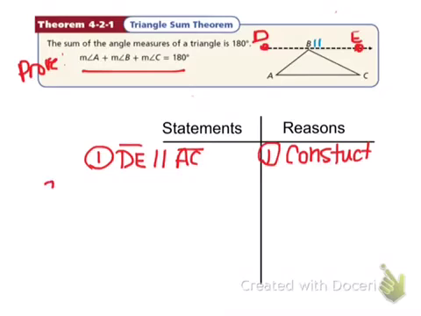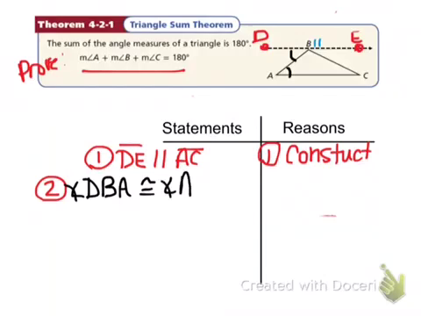So step 2: whenever I have parallel lines, I have alternate interior angles or corresponding angles. So if I look at this angle, there are my alternate interior angles. So I say angle DBA is congruent to angle A because they're alternate interior.